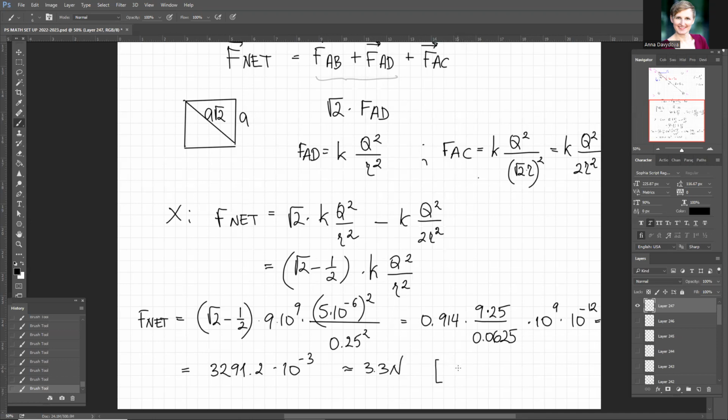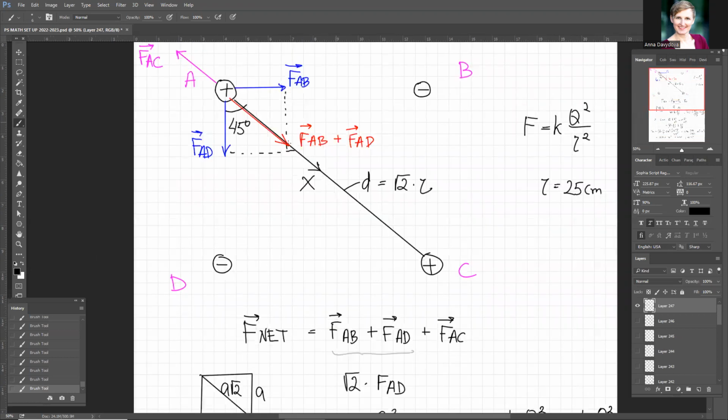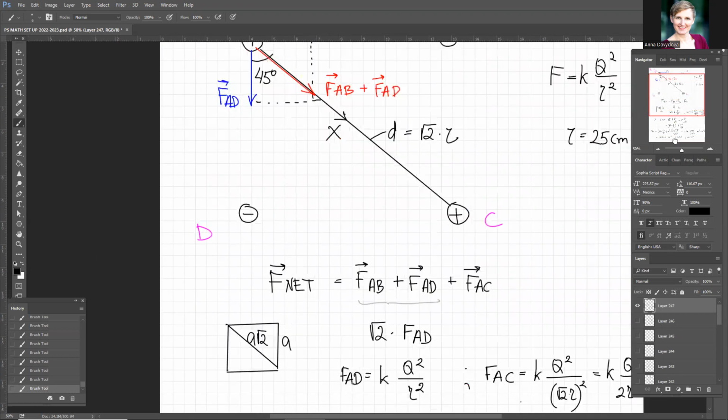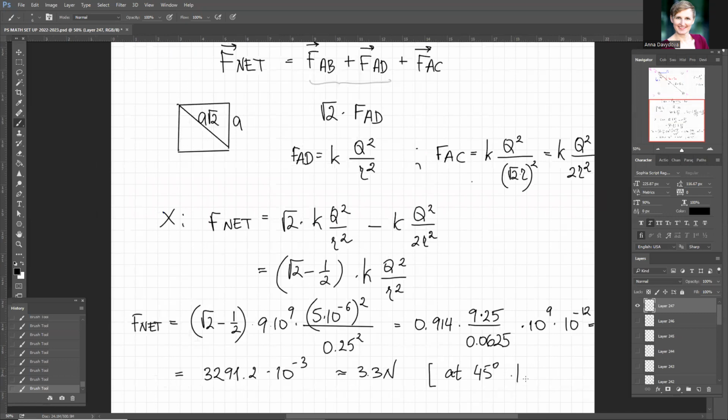And we already know the direction is at 45 degrees. Because this turned out to be positive, we concluded that it is actually pointing towards the center.